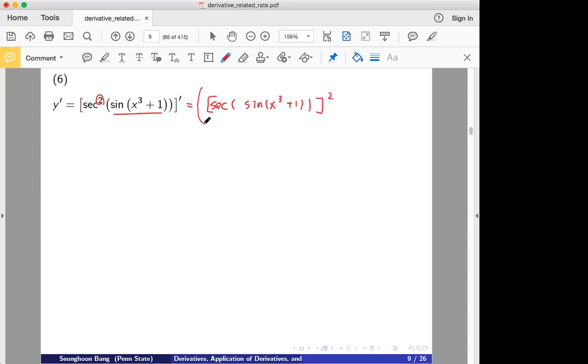This is the exact meaning. This is prime. So 2 from the outer function comes down: 2 times secant of sine (x cubed plus 1) to the power 2 minus 1, times the secant of sine of (x cubed plus 1) prime.